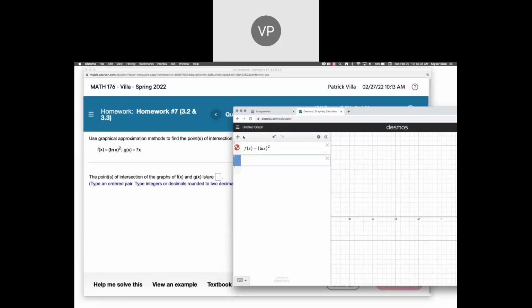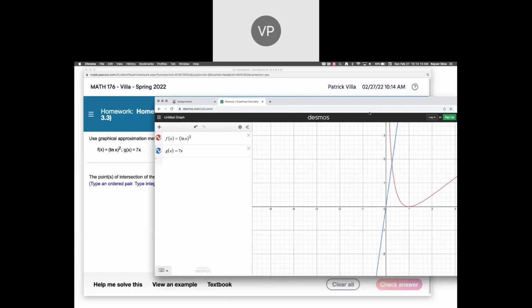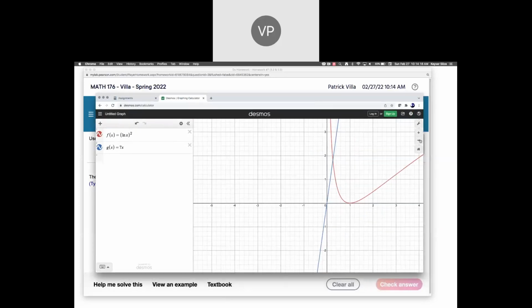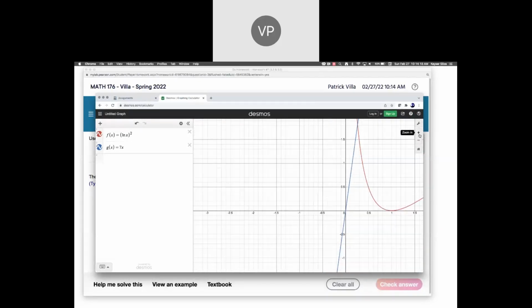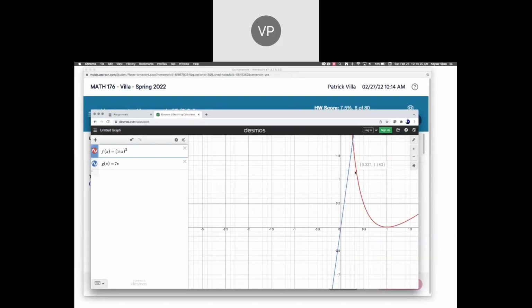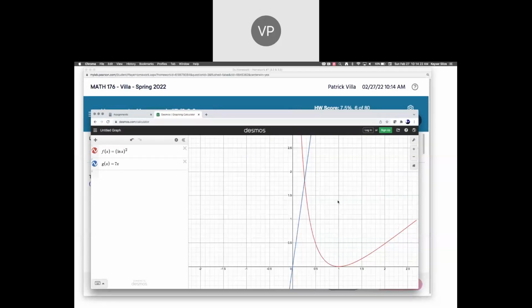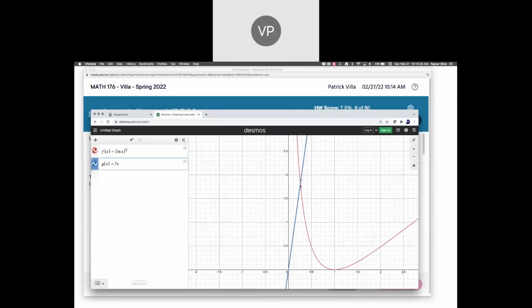And then on the second line, I'm going to do g of x equal to 7x, and hopefully you remember that's just going to be a line that's got kind of an upward trajectory, a high slope. So here are the functions, and what we care about is where they intersect. We have this coordinate, and like I said, you can go around, but I'm just going back and forth.